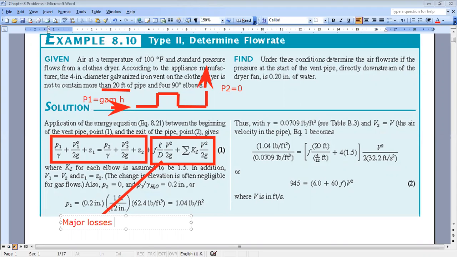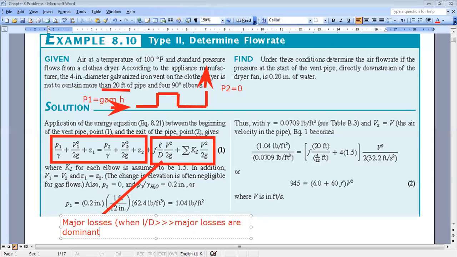So when L over D, the length of the ducting system over the diameter, is large, we can say that major losses will be dominant over the minor ones. So sometimes in the given they tell you neglect minor losses. So you only account for the major losses, and this means that L over D is very large. Okay, so major losses become dominant.